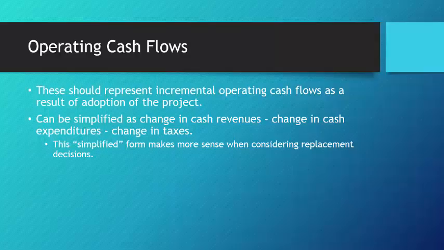We're going to be taking the incremental operating earnings or the incremental taxable earnings, multiplying them by the tax rate to come up with the incremental tax, getting an incremental net earnings, and then adding back the incremental depreciation to get the new cash flows, the incremental operating cash flows. And so this is going to be a little more complicated, so bear with me as we go through this.